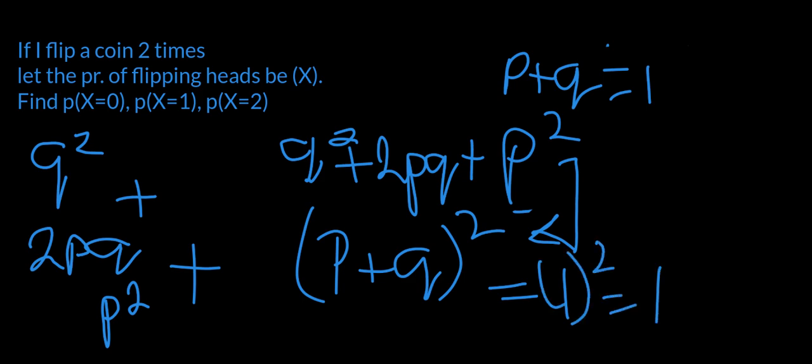So this proves our thesis that the probability of all possible outcomes in a binomial distribution is one.